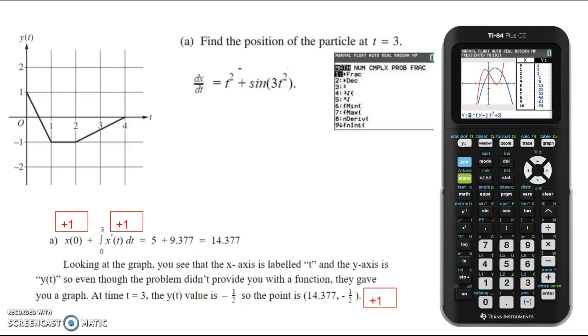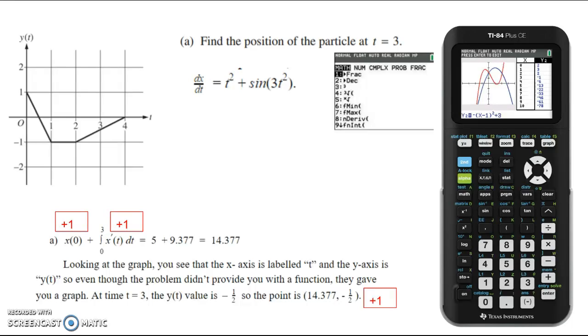One point was for using the initial condition that at t equals 0, the value of x is 5. This was given in the problem. The second point was awarded for setting up the integral using the dx/dt function they provided. The area under dx/dt from 0 to 3 is added to the initial condition of 5.